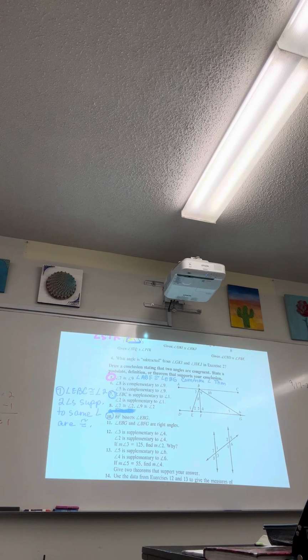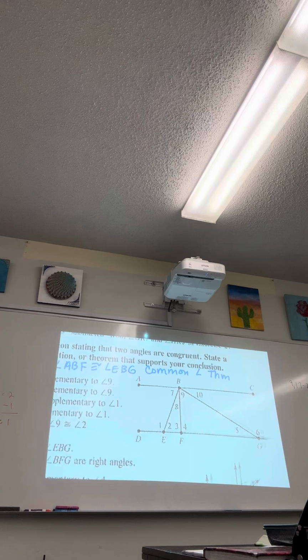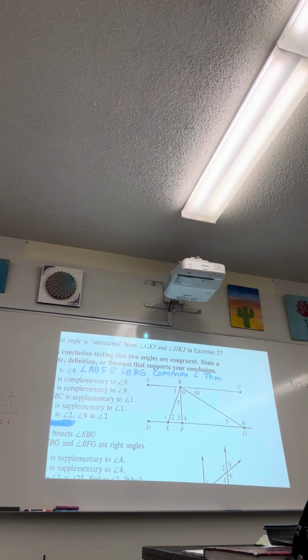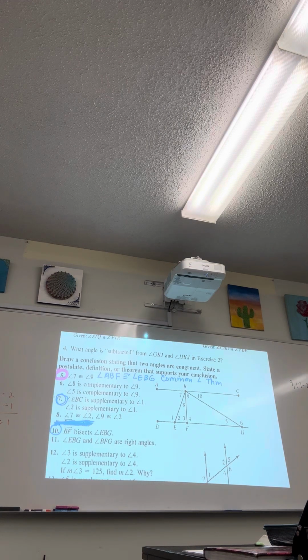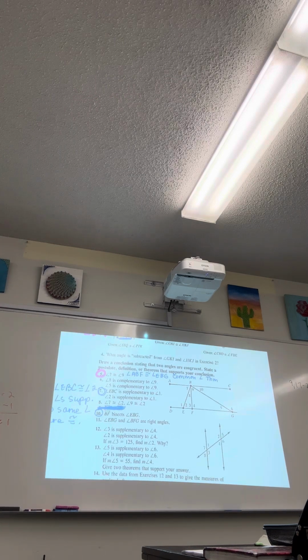I go over this one because it's really important for you to see that this figure is not drawn to scale in any fashion. Does everybody see that? This figure is drawn in such a way to make you apply the rules without just looking at it and saying, hey, it looks like this. So what would be congruent because of number 10?